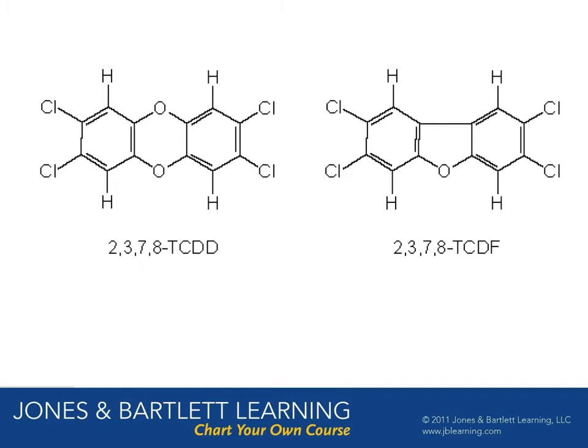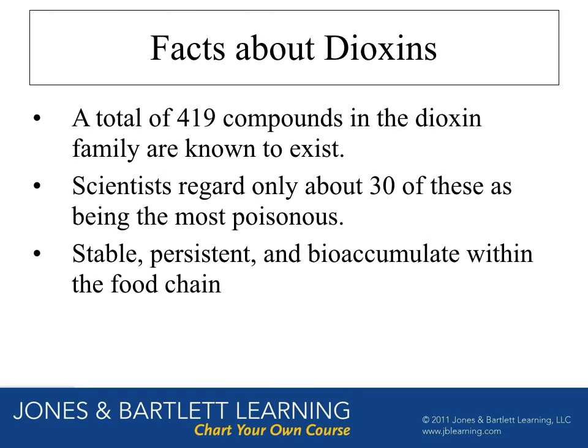There are a lot of these that are formed in the manufacturing process, and dioxins are known to be a big family of compounds, 419, but actually only about 30 or so of these are regarded as being the most poisonous or toxic, and those are primarily chronic toxicity. They're very stable, they persist in the environment, and they bioaccumulate just like all the other chlorinated organic compounds.